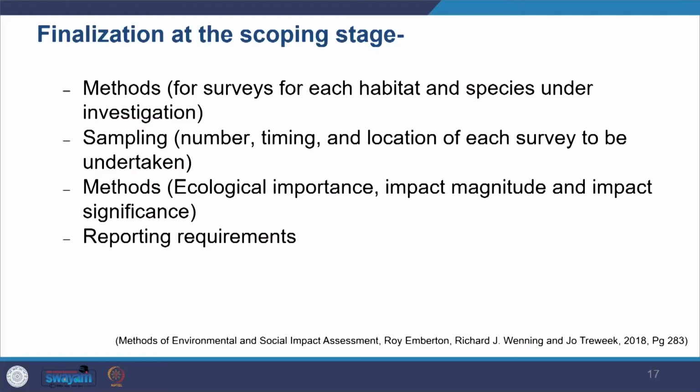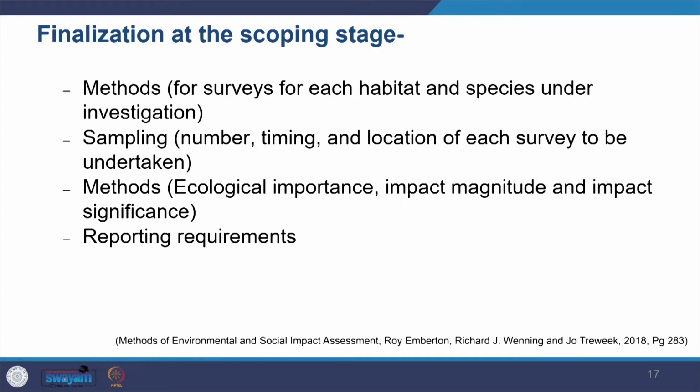At the scoping stage, you will enter an agreement with the authority on what will be the scope of the EIA, what all you're going to cover within the EIA. Before starting your work, you will come to an agreement with the authority: these are the studies which will be undertaken. You would be required to fix the methods to be used for survey, what kind of method you will use for each habitat and for species under investigation.